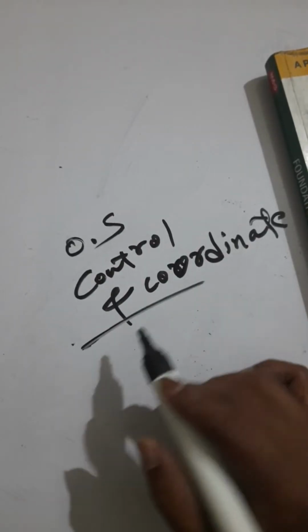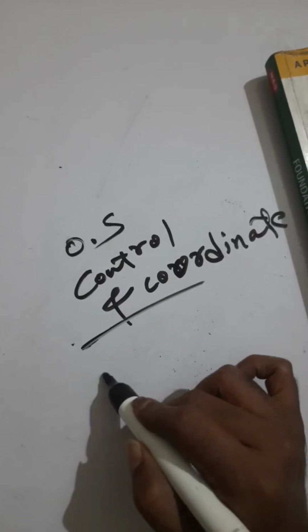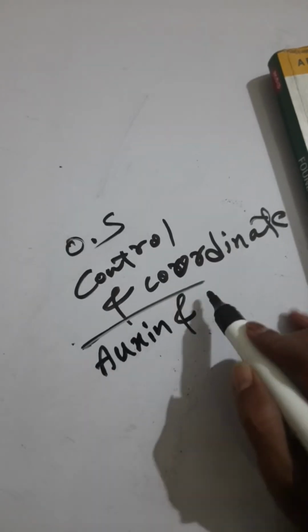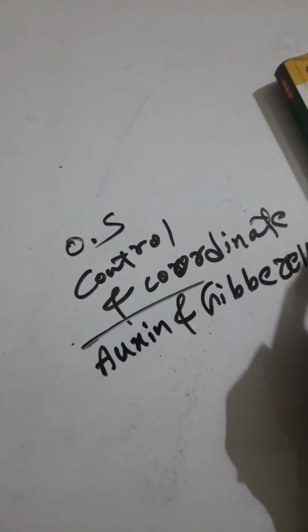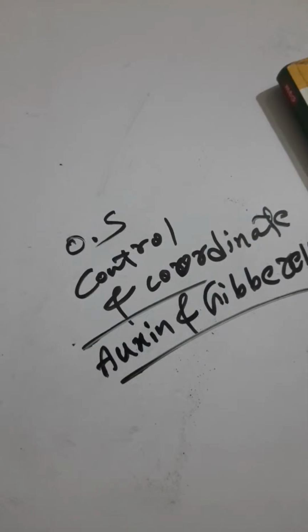And also name any two phytohormones, they have asked. There are so many. So auxin and gibberellins. Auxin and gibberellins are the two phytohormones. Is it clear, students?